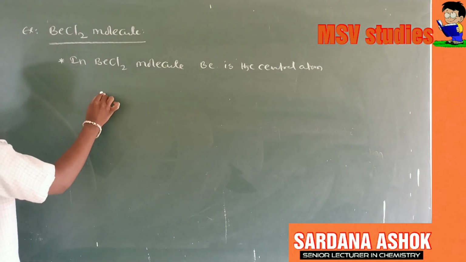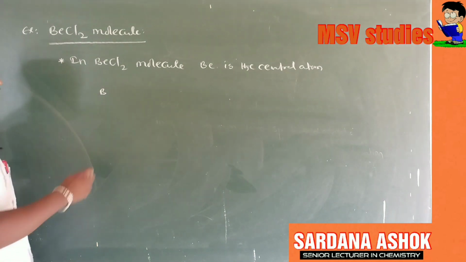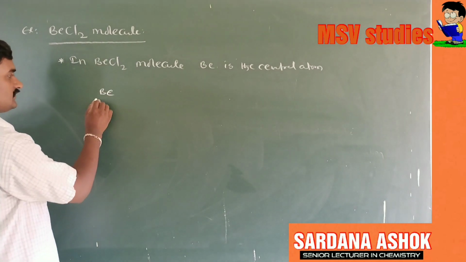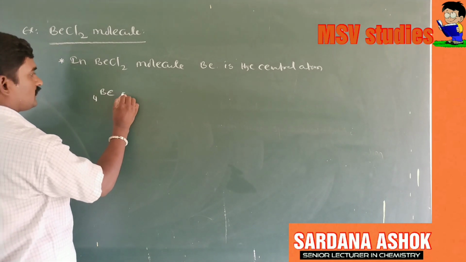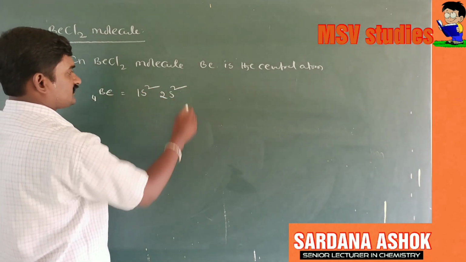Now we have to observe the electronic configuration of beryllium. The atomic number of beryllium is 4. Its electronic configuration is 1s2, 2s2.